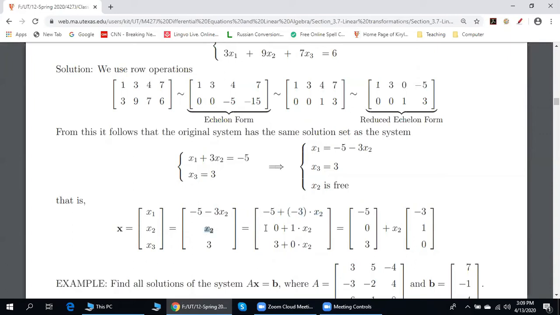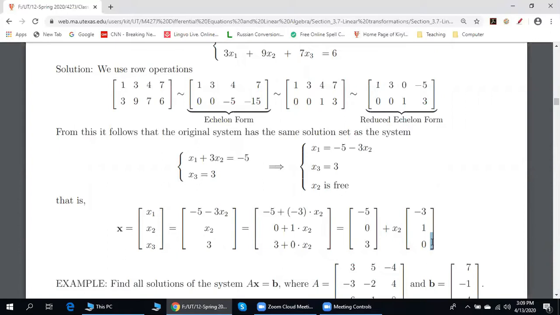We rewrite this as number plus number times x2, and we rewrite this as number plus number times x2. Lastly, let us split this matrix column into 2 pieces. Piece number 1 plus piece number 2.